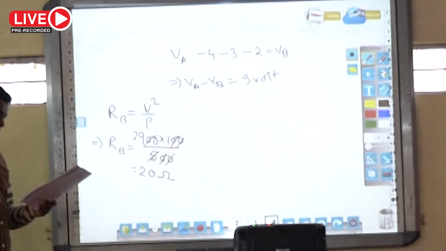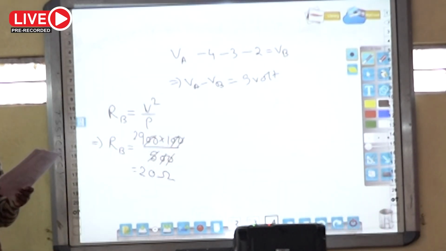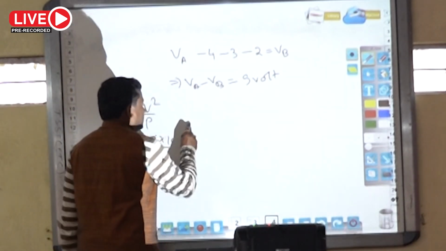Now it is connected in series with another resistance capital R. Then the circuit looks like this.